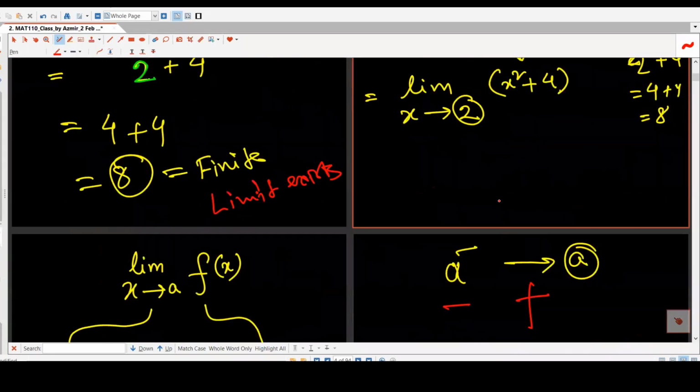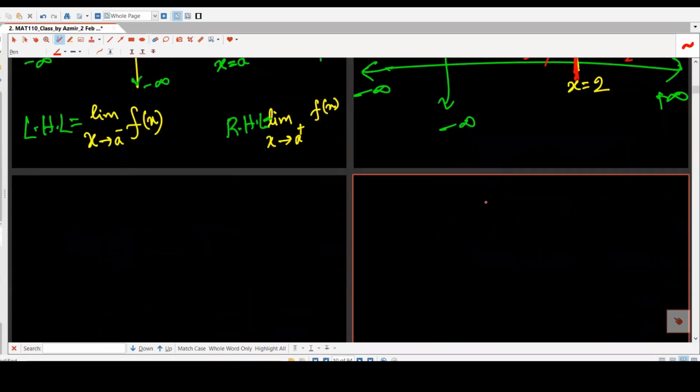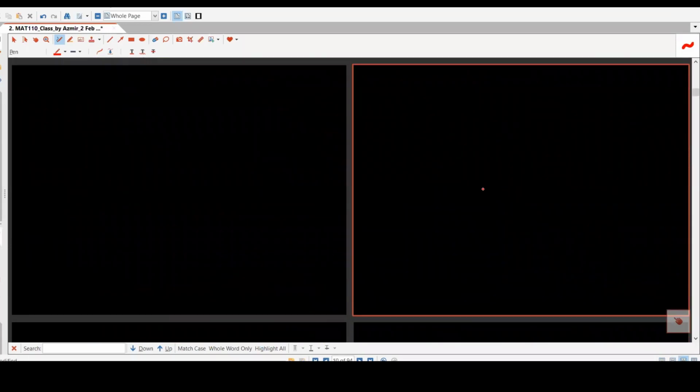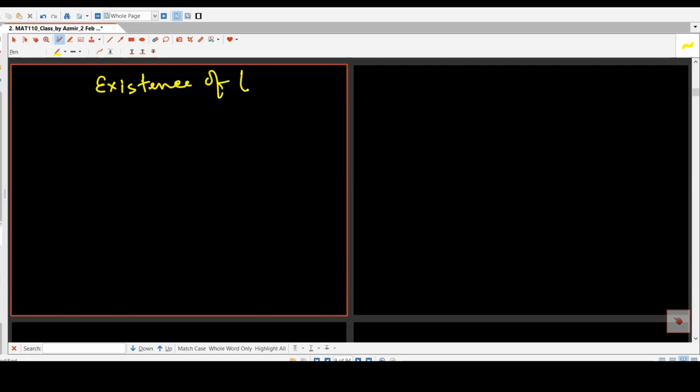So now we are going to discuss the definition of existence of limit of a function at a certain point. So we have f of x. We are trying to evaluate the limiting value when x is approaching a.